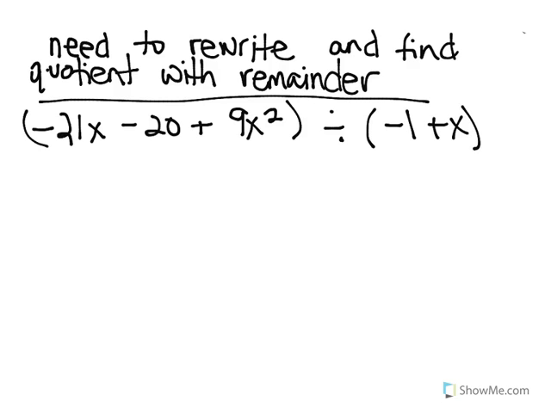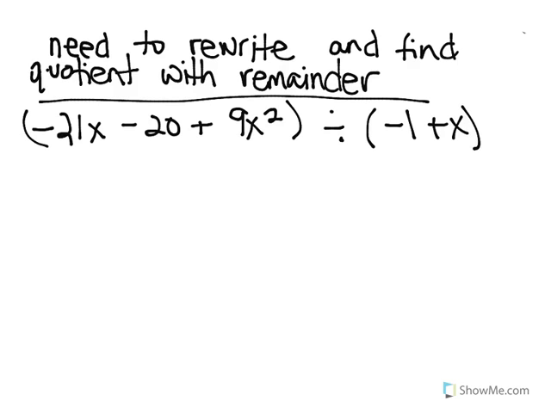Our next example, we're going to actually need to rewrite it, because we're not in standard form as far as the dividend goes. And then we're going to have to find a remainder on this one. So let's rewrite negative 21x minus 20 plus 9x squared in standard form.